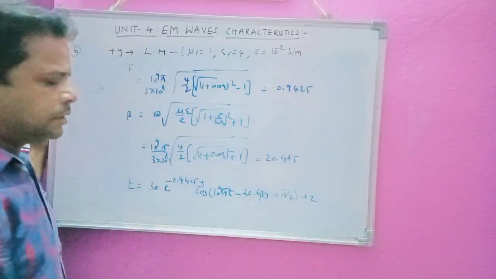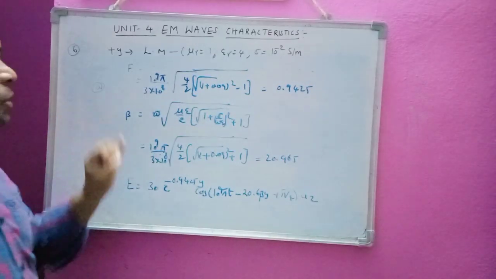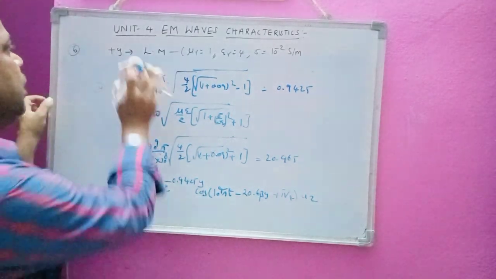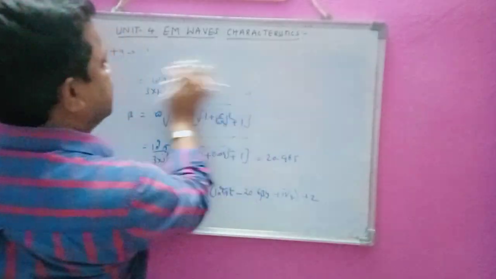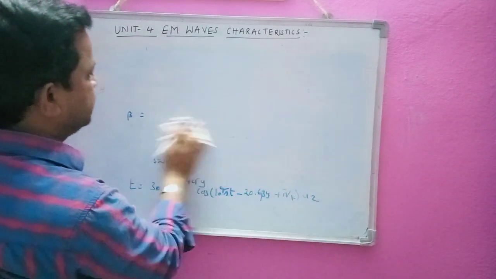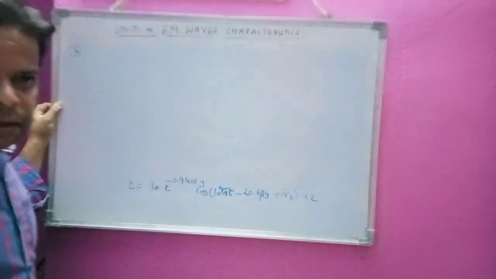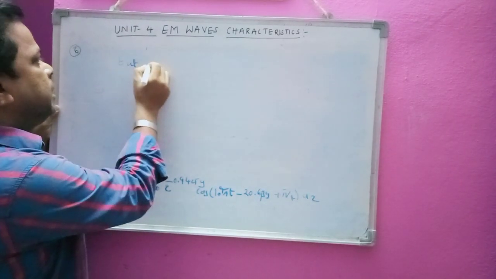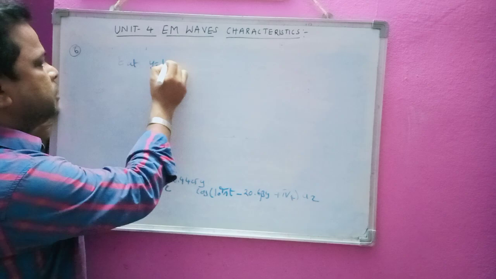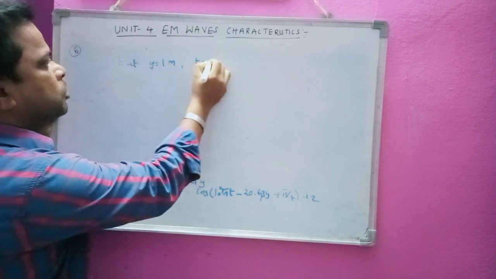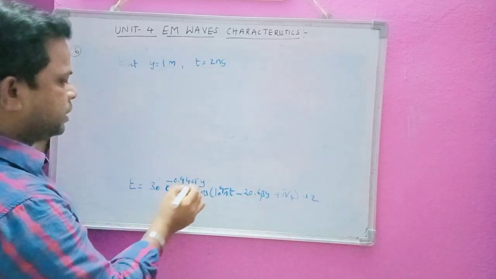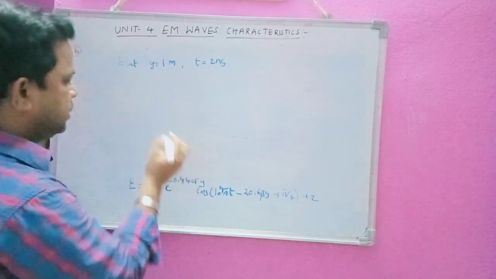Now we have to calculate this E at t equal to 2 nanoseconds and y equal to 1 meter, okay. I will erase this one. So we have to calculate this E at y equal to 1 meter, and t equal to 2 nanoseconds. Now we have to substitute these values, where y is the distance and t is the time.